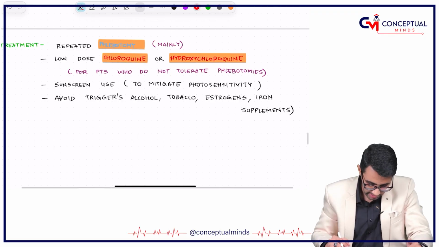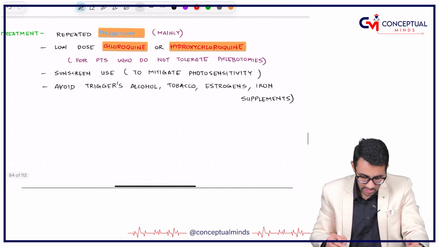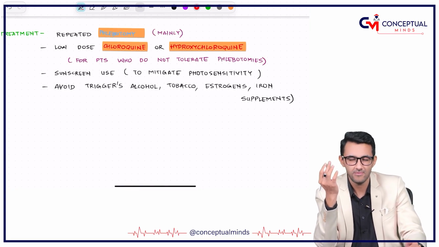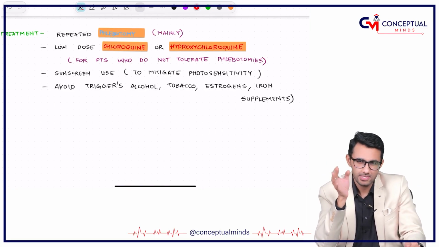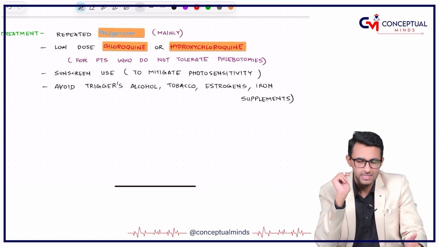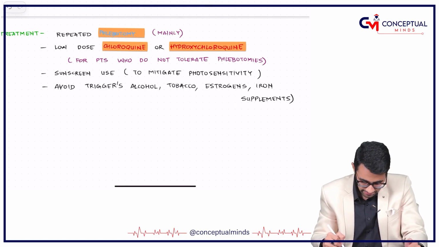Okay, all right. And use of sunscreen is a must, right? Even for you and me and for everybody, using sunscreen is a must. We go out in the sun, we should make sure we are covered. Yes, okay. And that is about that.